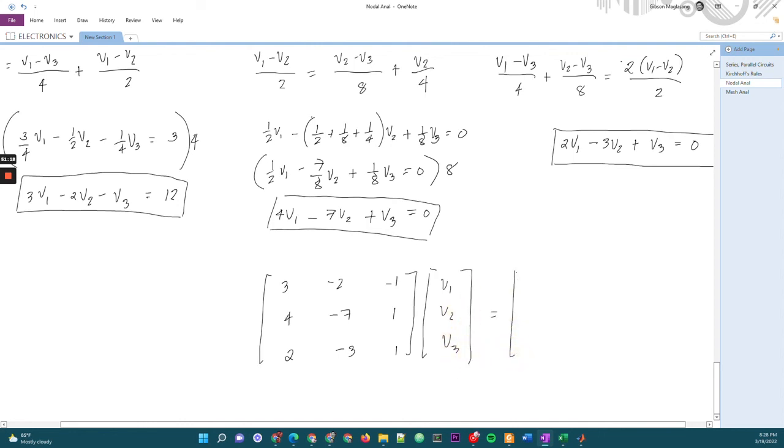Okay? The right hand side, ang mga constants, we have 12, 0, 0. Okay? And that would be a lot easier to solve using MATLAB.